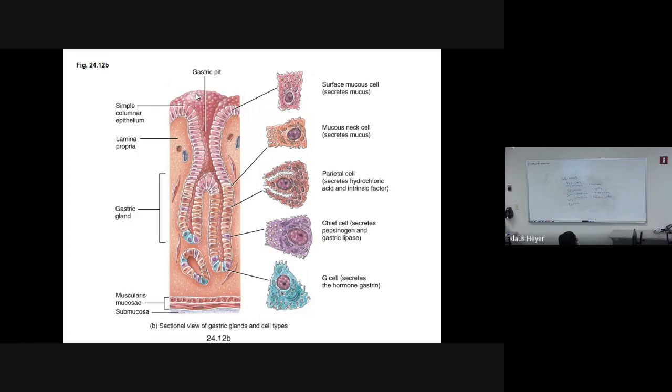And then the last cell was the G cells that make gastrin. We'll talk about gastrin in a later slide. But essentially, it's going to open your pyloric valve and let stuff move out of your stomach.